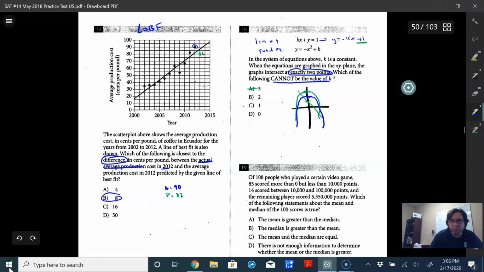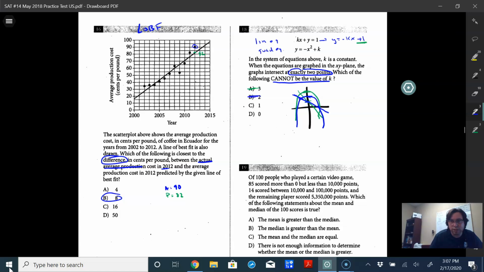And again, the linear equation is going to go through the y-intercept at 1, so it's not going to be as steep, but it's still hitting 2 points of this parabola, so it's not this one.